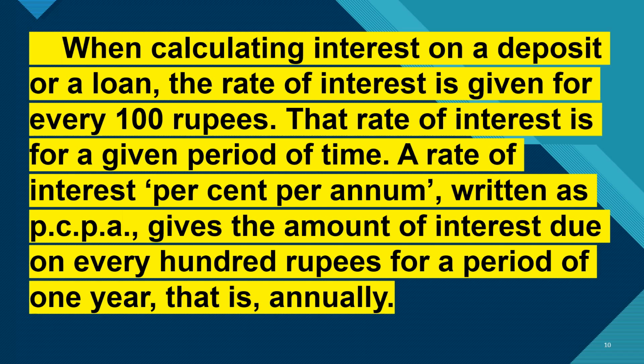That rate of interest is for a given period of time. A rate of interest per cent per annum, written as PCPA, gives the amount of interest due on every 100 rupees for a period of 1 year, that is annually.